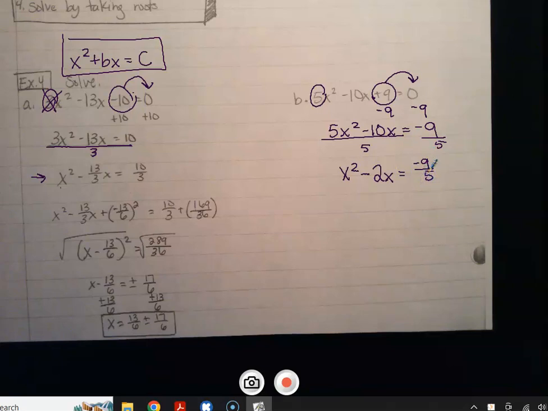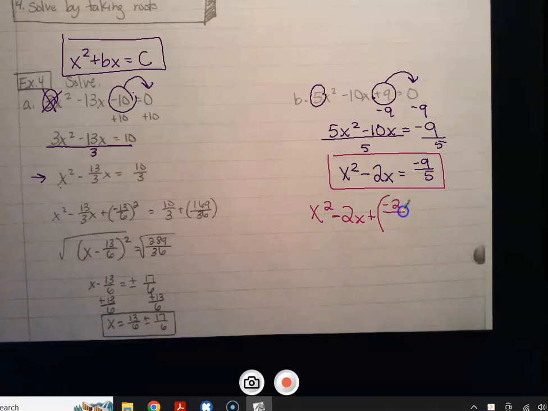Okay, perfect. All right, so now let's go ahead and solve it. We took care of that part. Now we've got our standard form here that we have to have. So now let's take it to the next step. We're going to add the b divided by 2 squared. So x squared minus 2x plus the quantity, what's our b? Negative 2. Don't forget that it's a negative 2.